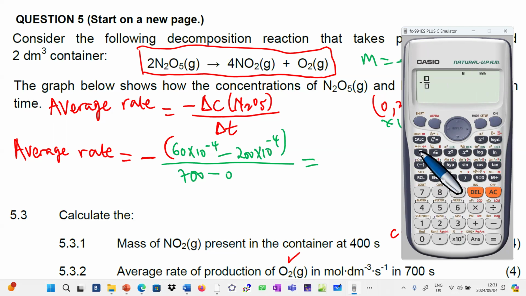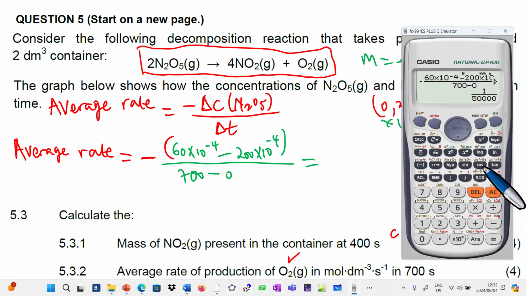Then you do 60 times 10 to the minus 4, minus 200 times 10 to the minus 4, divided by 700 minus 0.